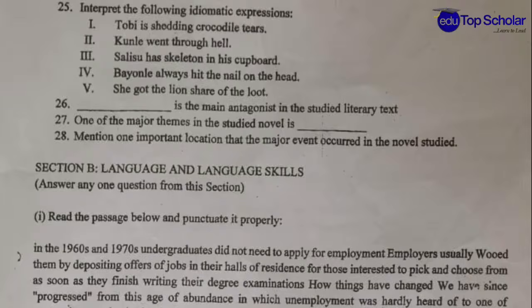So let's go to number 26. Number 26, dash is the main antagonist in the studied literary text. Who is the antagonist? The first option we have discussed the protagonist as Ajike, but who is now the antagonist? I'm waiting for your answers. Who is the antagonist in The Resilient Heart?